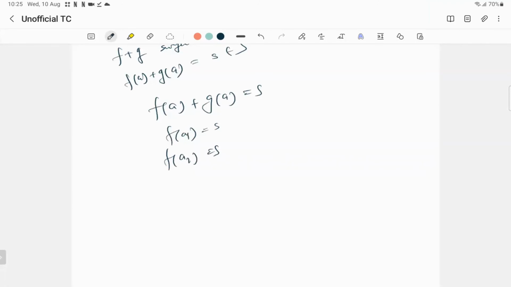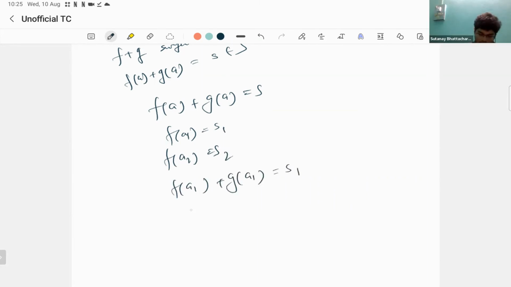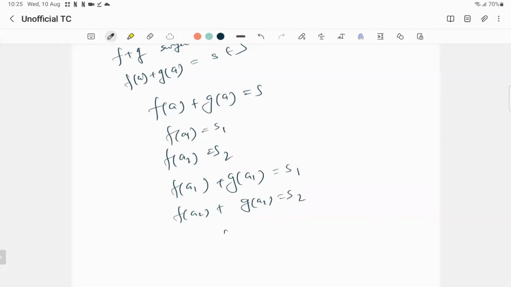No, not that s, it can be s1 and s2. And f of a1 plus g of a1 is equal to s1, and f of a2 plus g of a2 is equal to s2. Which just tells that g at 2 points is equal to 0. Then it could be a contradiction. That's not a contradiction though. G is surjective, it doesn't need to be injective. Yes. Surjective means that, so yes, I got it.